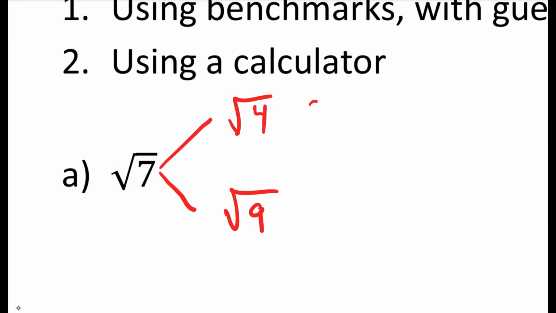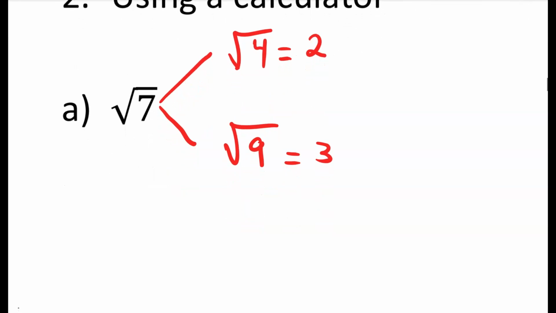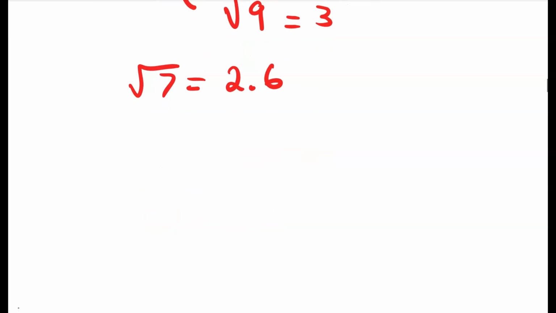So we have 2 and 3, so we know that root 7 is going to fall in between 2 and 3. Now, the easiest way is going to be our calculator. If we put root 7 into the calculator, we find that it's 2.6, which supports our guess and check that it's going to fall in between 2 and 3.